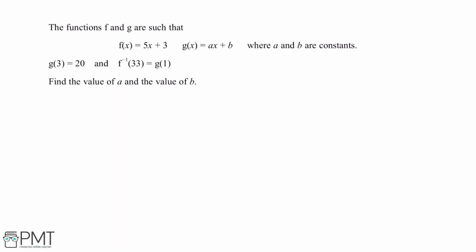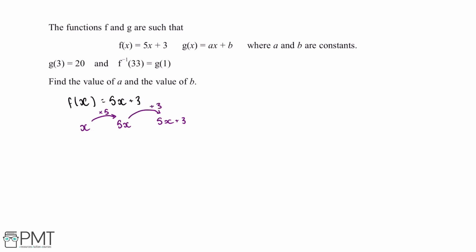So the first thing we can start off with is work out what the inverse of f of x is equal to. So f of x equals 5x plus 3. So from x, in order to get to 5x, we have multiplied x by 5. And in order to get from 5x to 5x plus 3, we've added 3.